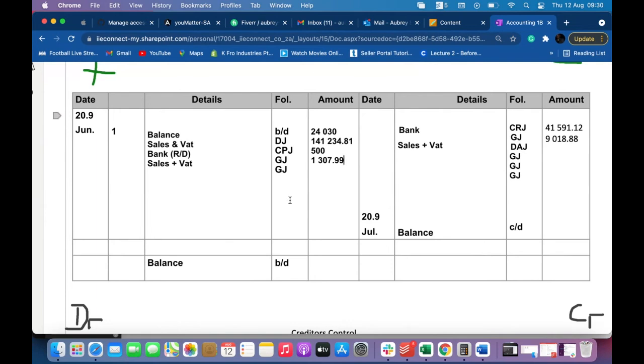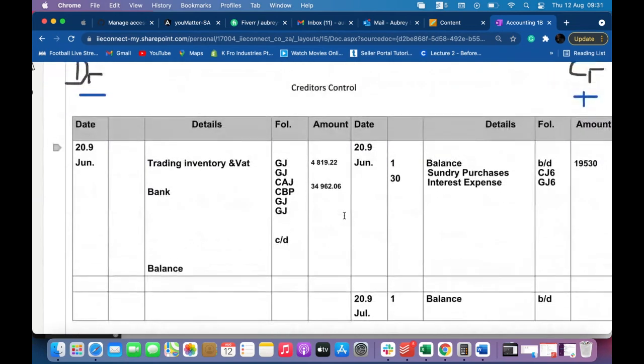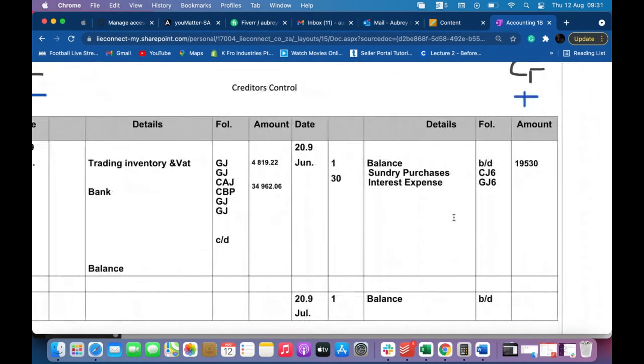So how do we address that then? We come to the creditors and I've actually filled it out already. You can write sundry purchases, okay? And then here, it's on the credit side because when we buy on credit, it obviously increases what we owe. Okay, so how much is that?